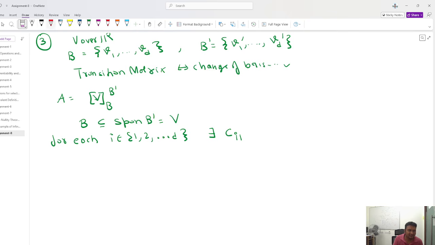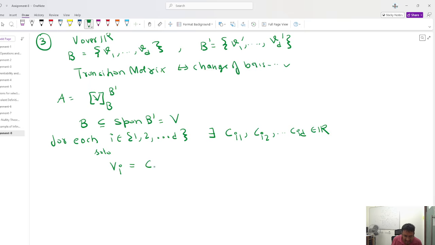So C I1, C I2, C ID in R. This is happening for every I such that VI you can write as what?